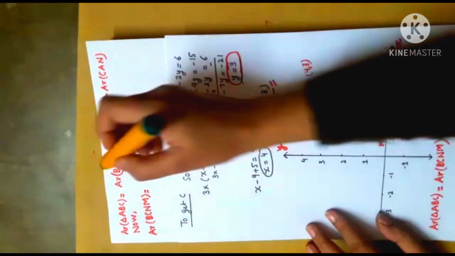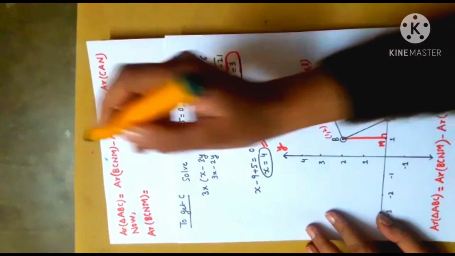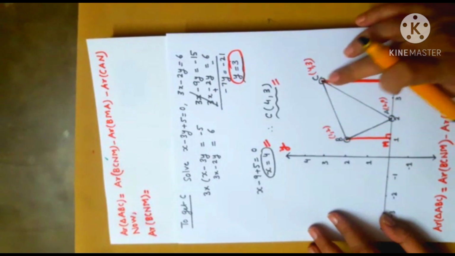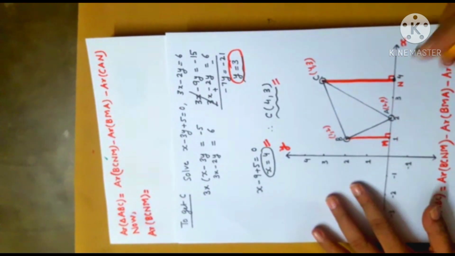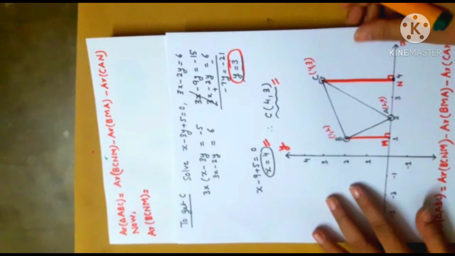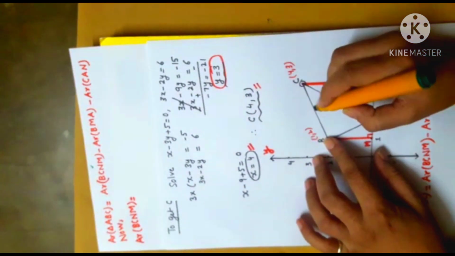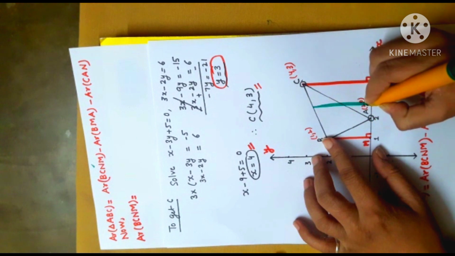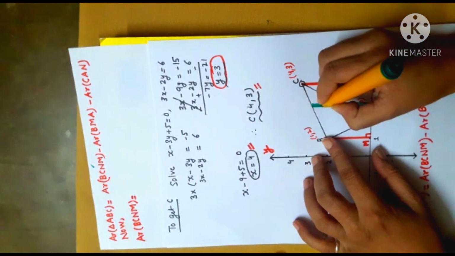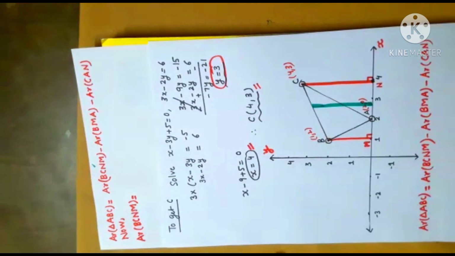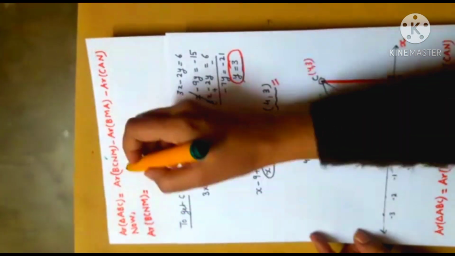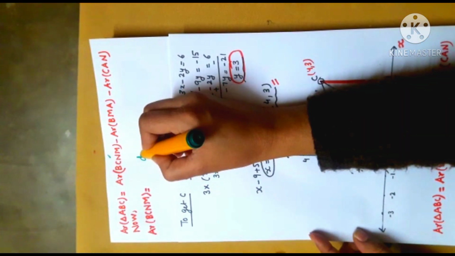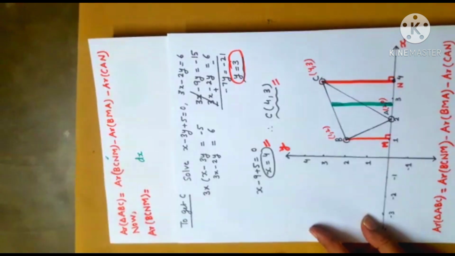Now first I'll find the area of region BCNM. For that, I'll consider a vertical strip in this region, like this. Width of the strip will be dx.